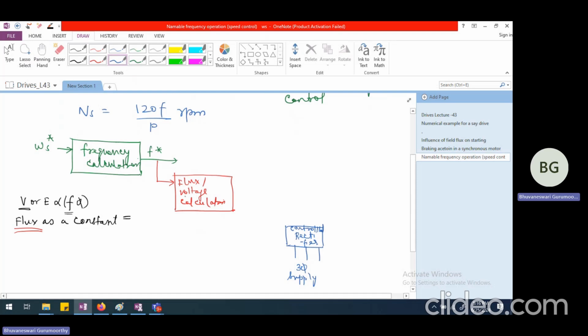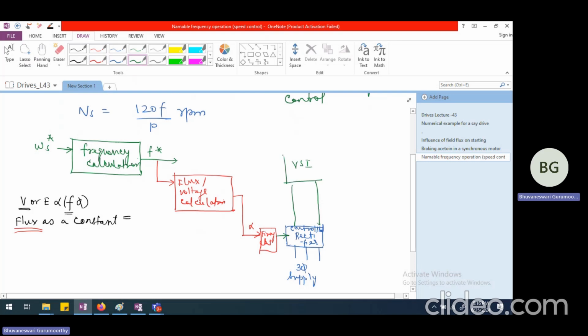So from the calculated voltage value, what we will do is to calculate the firing angle alpha. So this will actually be fed to a firing circuit. The firing circuit will have this alpha value, and this alpha will be given to the controlled rectifier, and the controlled rectifier output will be given to a voltage source inverter.